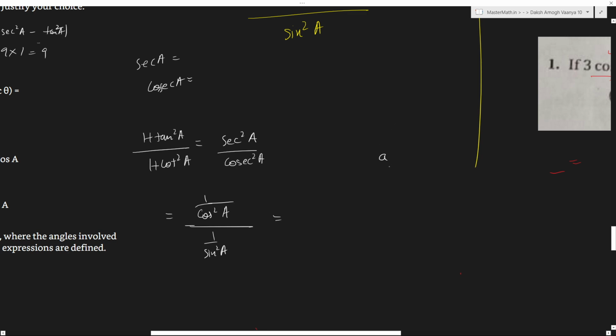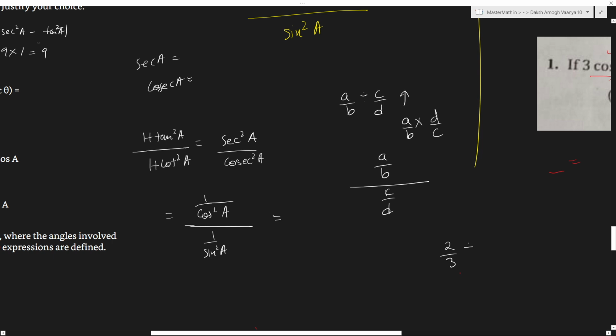It is A by B divided by C by D. It's this form, A by B divided by C by D. So what do we do? We flip this C by D, so A by B multiplied by D by C. Suppose I have 2 by 3 divided by 4 by 5.